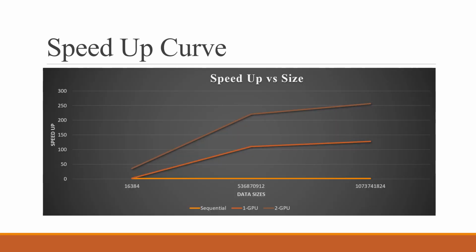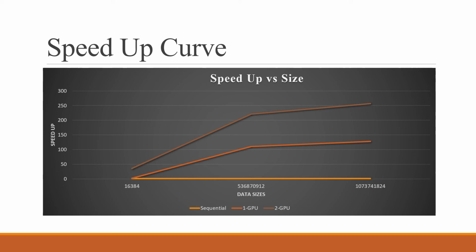Looking at the speed up curve, sequential doesn't have a speed up because there's nothing to compare it with, but for 1 GPU and 2 GPU, until it comes to 0.5 billion of data size, the program has a very big deviation, and from there onwards the deviation decreases, but the speed up still increases very quickly whenever you increase the problem size.